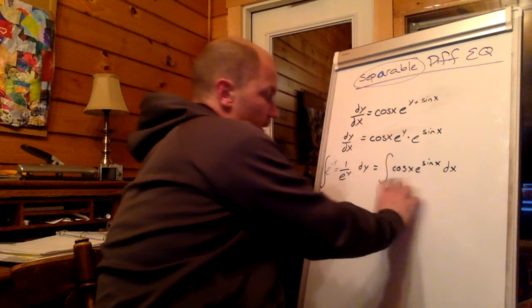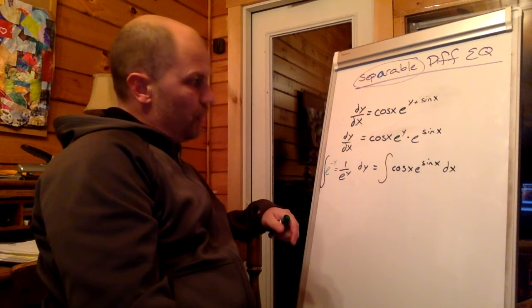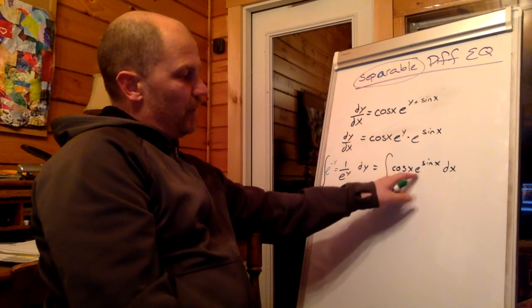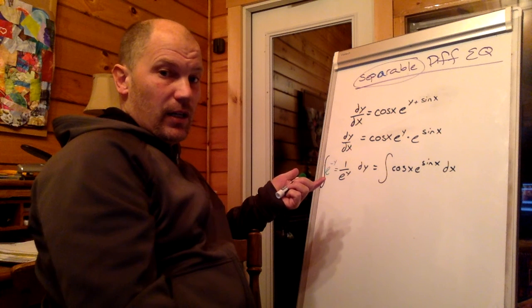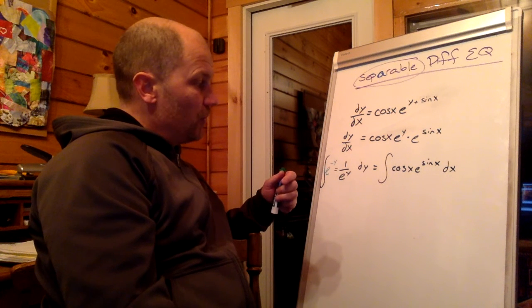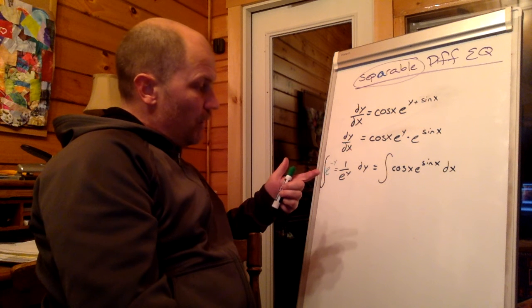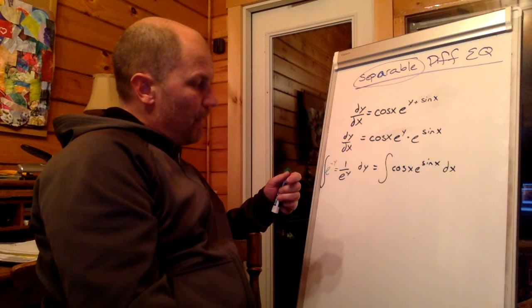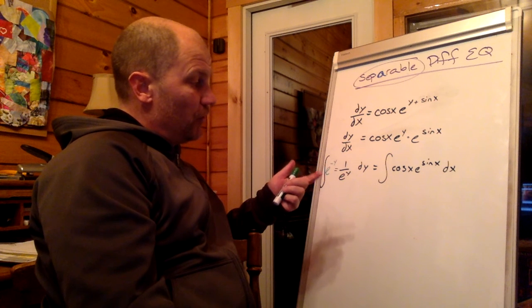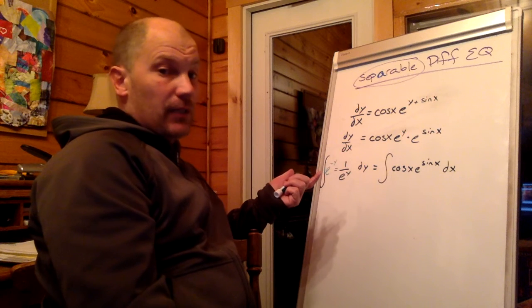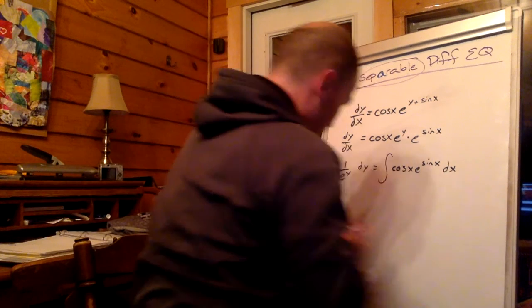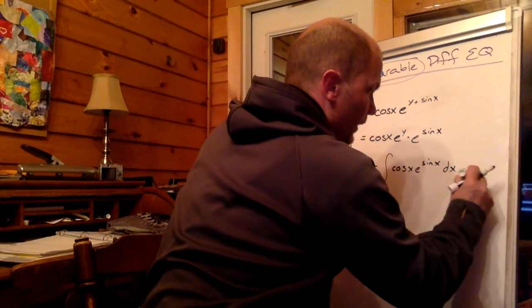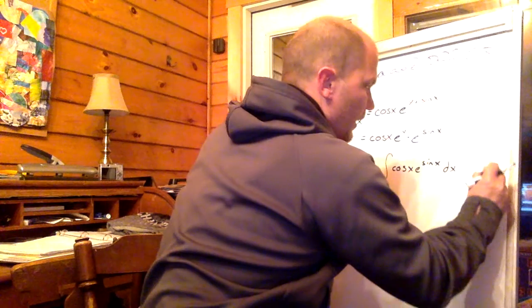Let's worry about this side first. I told you a long time ago, when we have e to the sine x, we actually have two different ways we can choose to integrate it. Step one is we can choose that e to the sine x is going to be u. So we're going to say u equals e to the sine x.